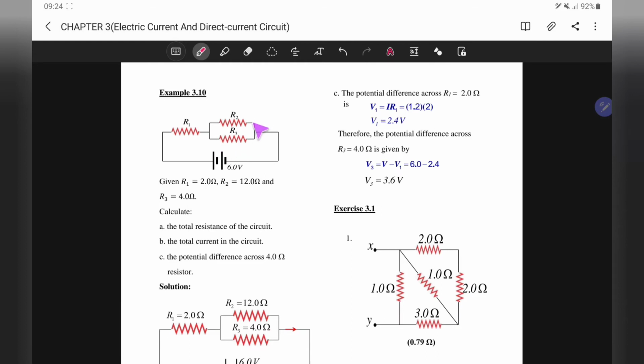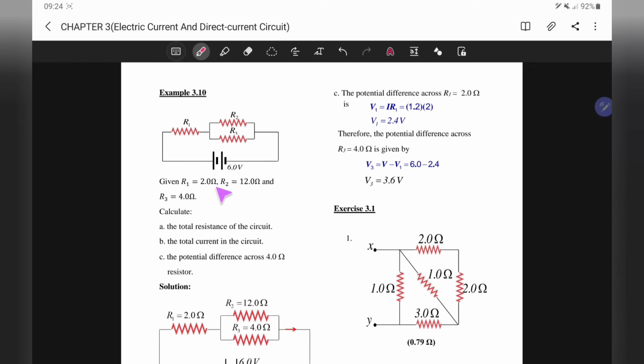And then the current reaches the junction again, so I2 and I3 combine together, producing I total back. So you have junctions here, so R2 and R3 are arranged in parallel. They become one, R23, and R1 is arranged in series at last. So this is the way we combine the resistors.